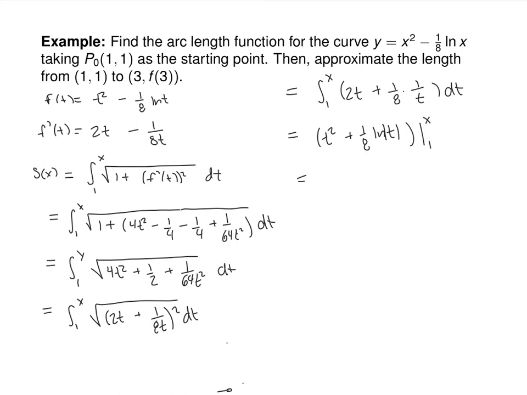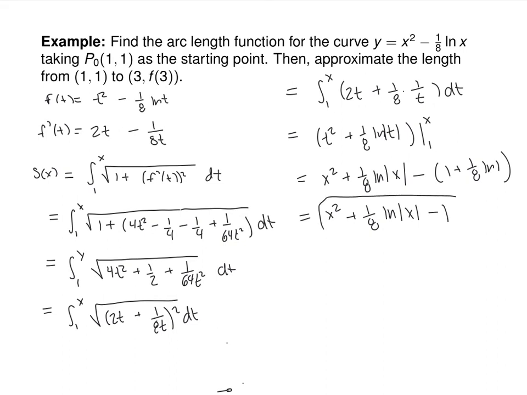And that's going to be x squared plus 1/8 ln absolute value of x minus the quantity 1 plus 1/8 ln of 1, but ln of 1 is 0, so our arc length function is x squared plus 1/8 ln absolute value of x minus 1.